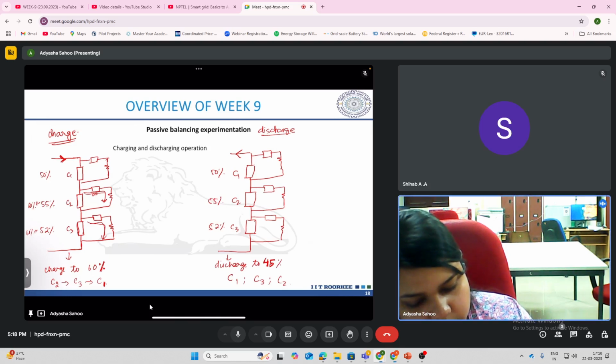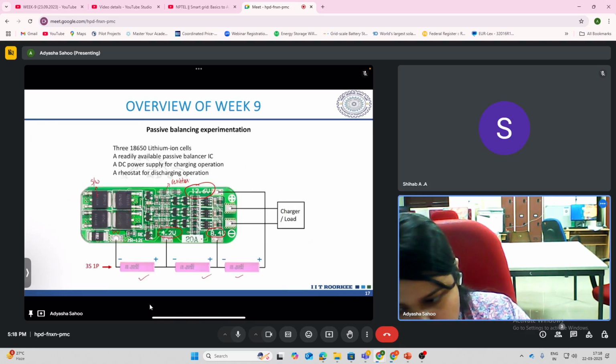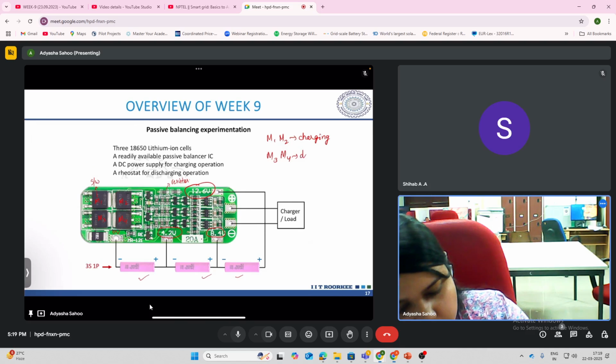But now the direction will be this, and due to this only you see here four switches basically, M1, M2, M3 and M4. While charging we are using M1 and M2, and while discharging we are using M3 and M4.